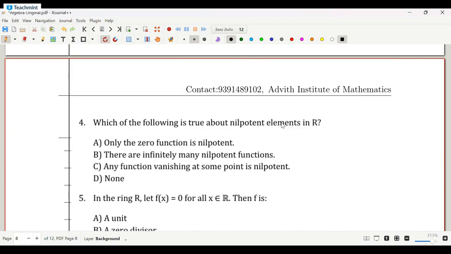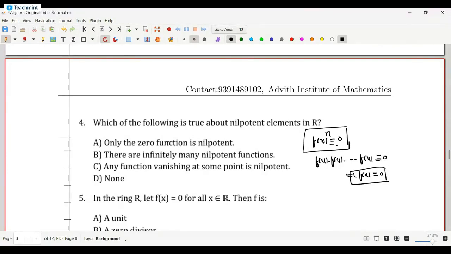Every non-zero element is either zero divisor or unit. For nilpotent, we need f of x whole power n equal to 0, which means identically 0. So f of x into f of x, n times, is identically 0, which implies f of x is identically 0. So only the 0 function is nilpotent.